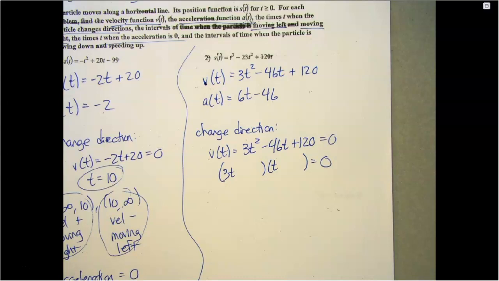Then I've got to use it: negative b plus or minus the square root of b squared minus 4ac, over 2a.